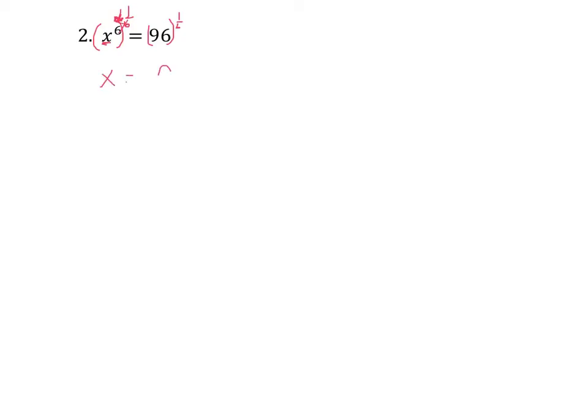Make sure when you type this in on your calculator, you're doing 96 raised up to the 1/6 power. Don't just do 96 times the 1/6 power, because that's not the same thing. I just used my calculator, and that came out to be approximately 2.14. Again, if you don't have a graphing calculator at your house, just copy this down and you can practice using the calculator tomorrow.